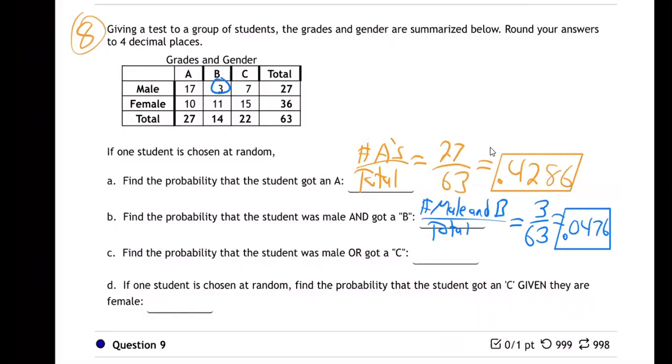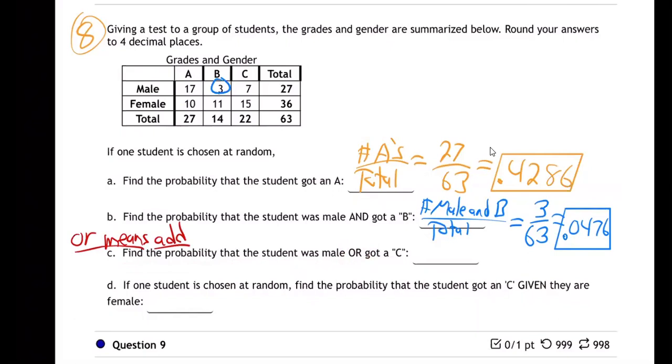Okay, next question. Find the probability that the student was male or got a C. Now with or, we have to add up, don't we? Or means add. Remember, that's been kind of the moral of the story here in this section.